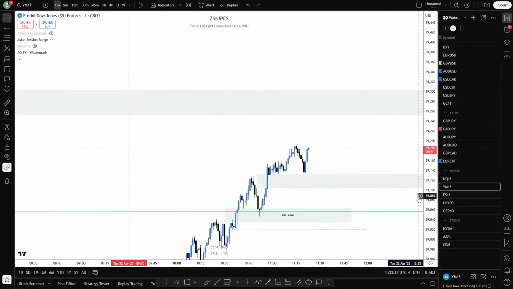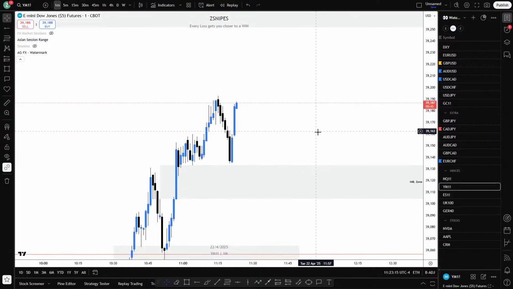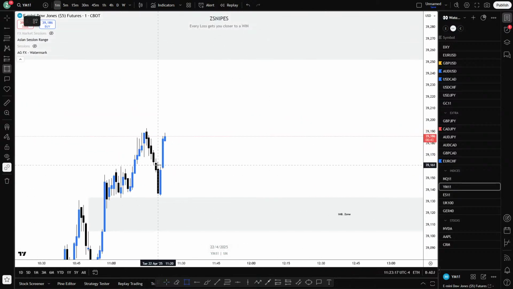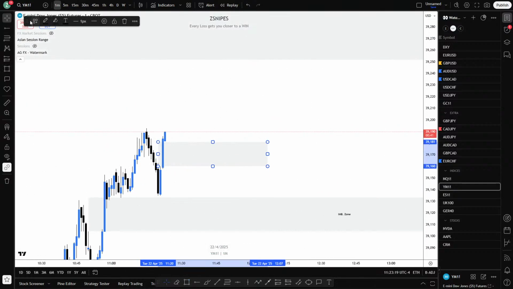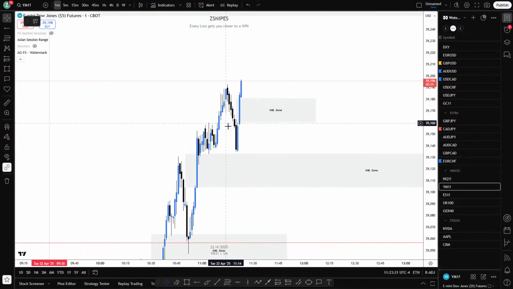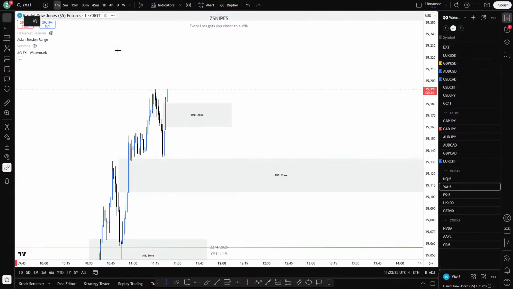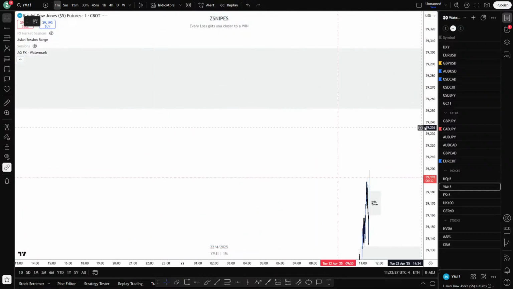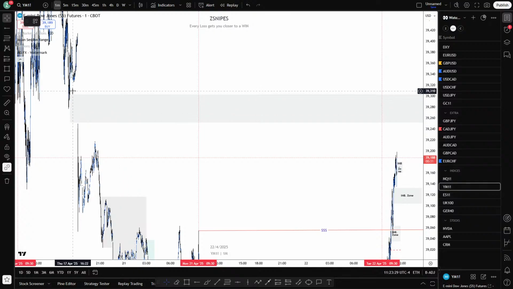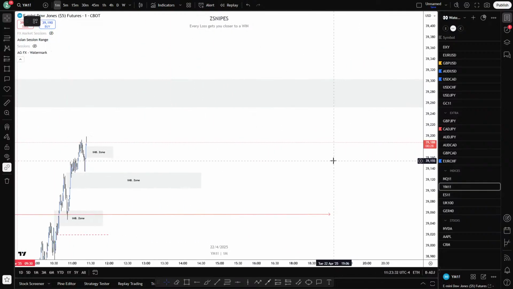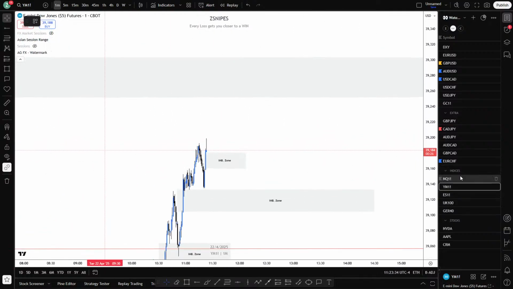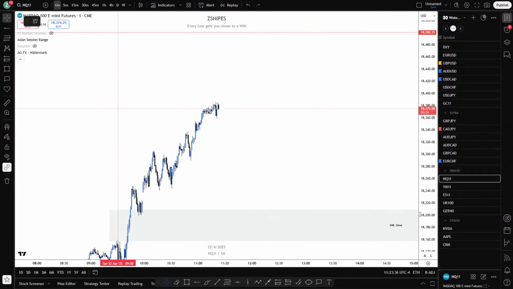On a lower time frame we're creating more. Yeah, this market, we're going to go higher. We're going to continue higher into this area, into this gap right here. Might stack some more orders, we'll see.